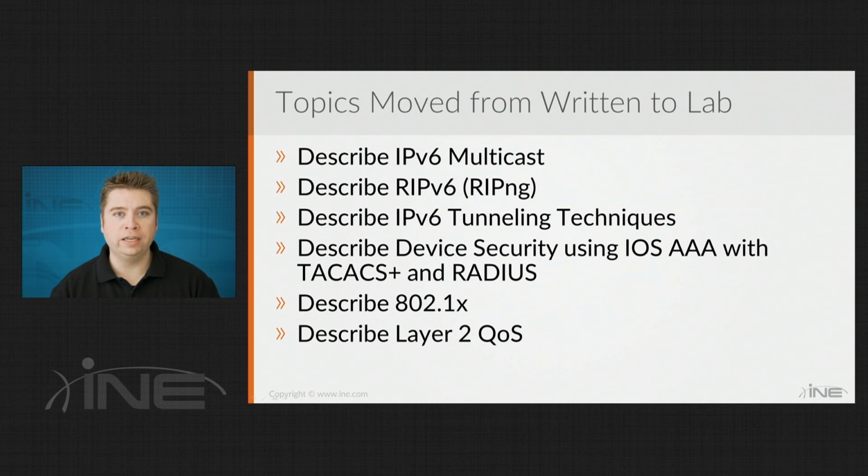Normally what you would do is reference the QoS SRND, and it shows you if you want to accomplish this on 3750X with this particular version, here's the syntax. If you want to accomplish it on 6509 with this particular MSFC and this line card, this is the syntax. Because there's differences between the hardware implementations, it really doesn't make sense for them to test on how it's implemented on one platform versus another.